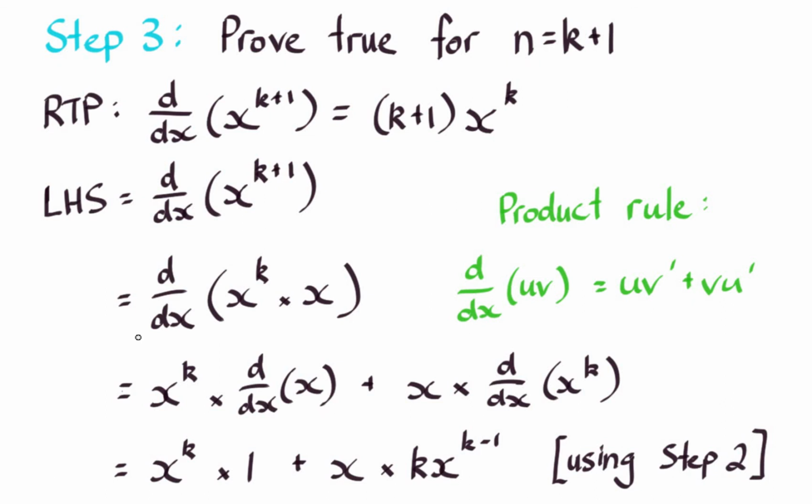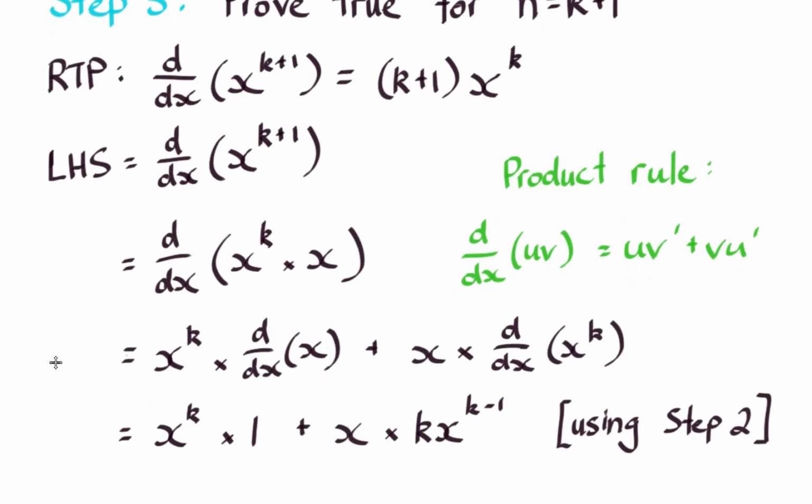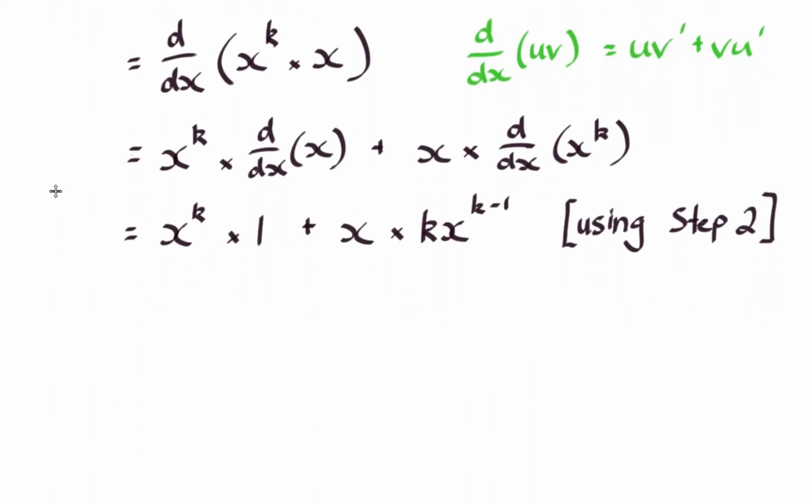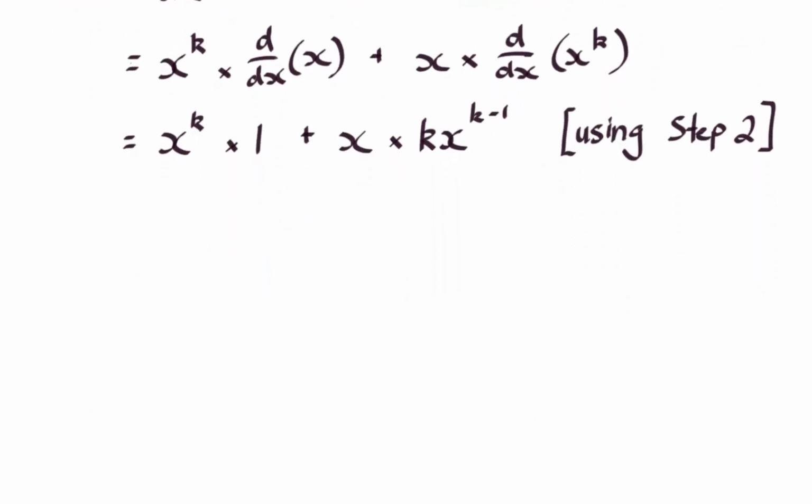Let's tidy this line up a little bit. So x to the k times 1, well, that's just x to the k. And then we have this second term. What's going to happen here?